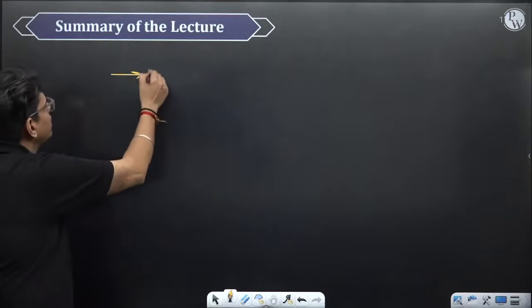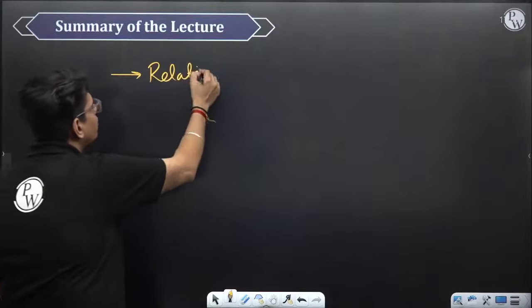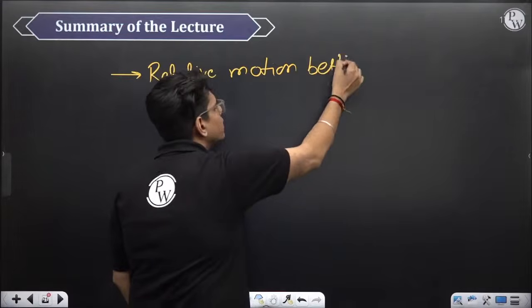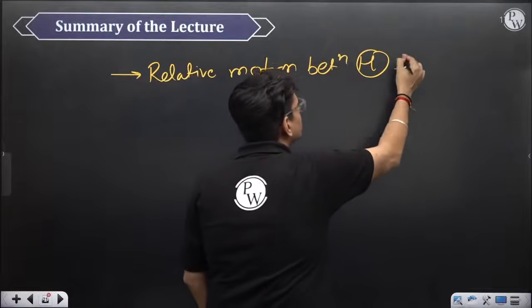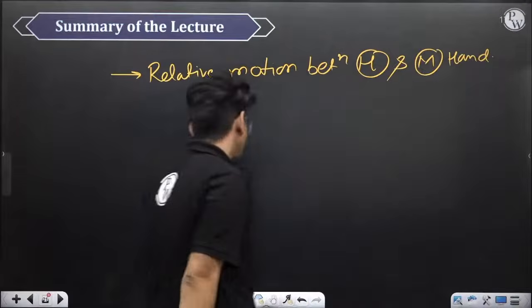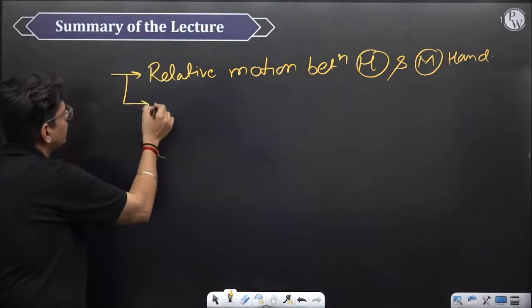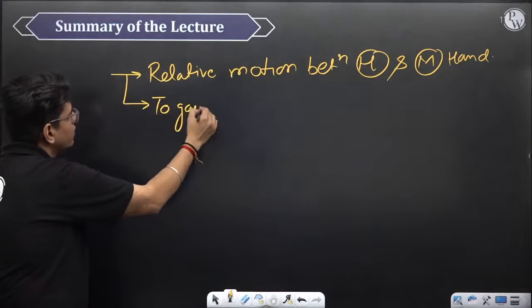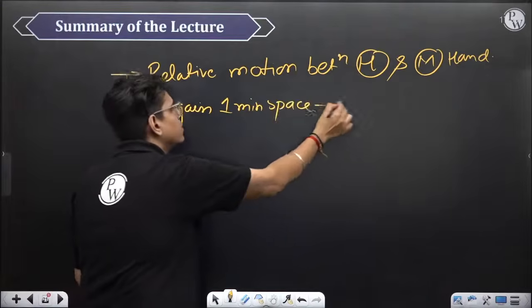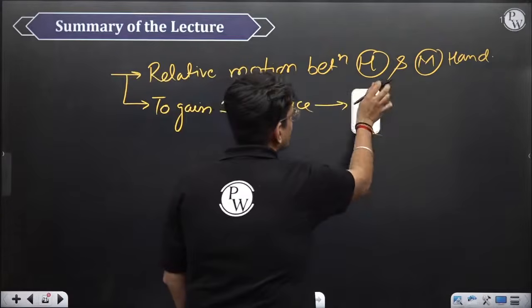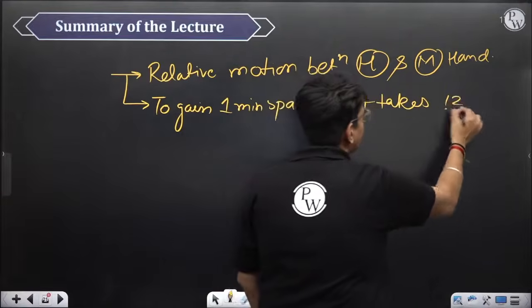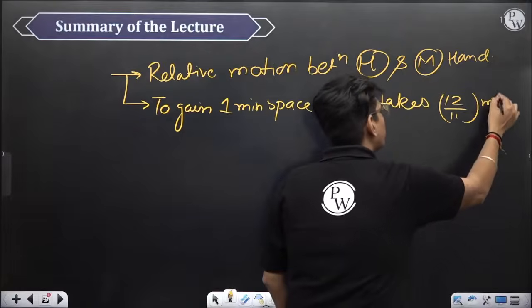So we have covered relative motion between hour and minute hand. To gain 1 minute pace, it takes 12 by 11 minutes. This was the outcome.